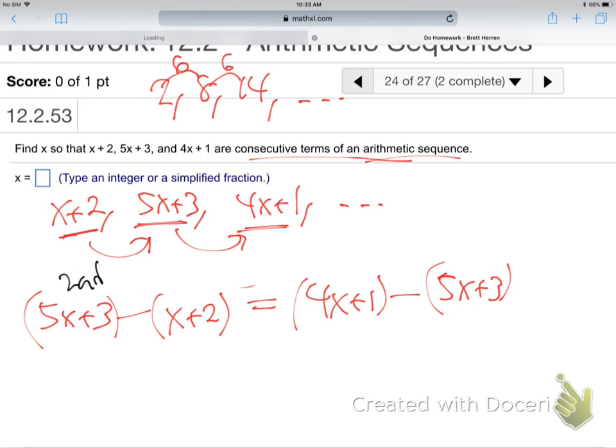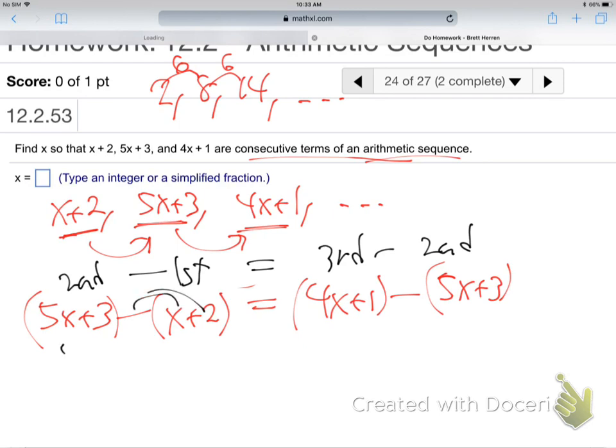The second term minus the first term has got to be equal to the third term minus the second term, doesn't it? Common difference makes it be so. If the jump amount is the same every time, then the jump between the first and the second, what I get when I subtract second minus first, has got to be equal to the jump between the third and the second, what I get if I subtract the third and the second, right?